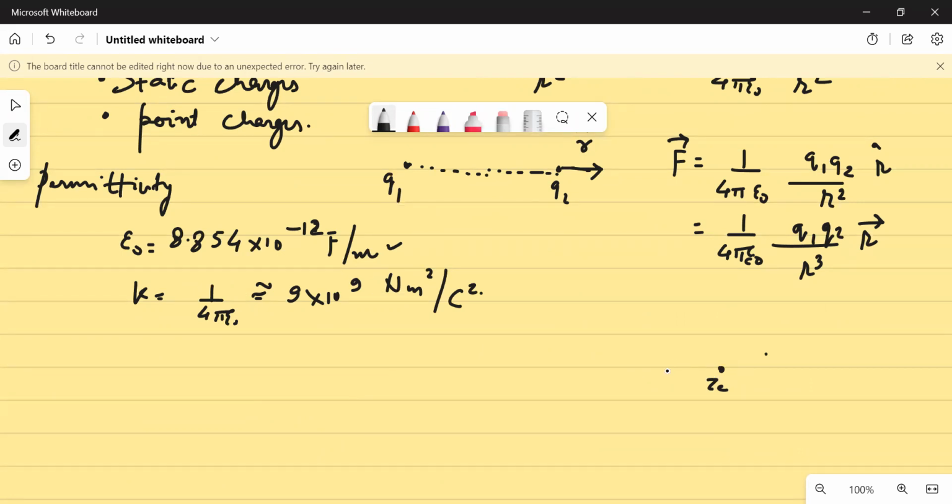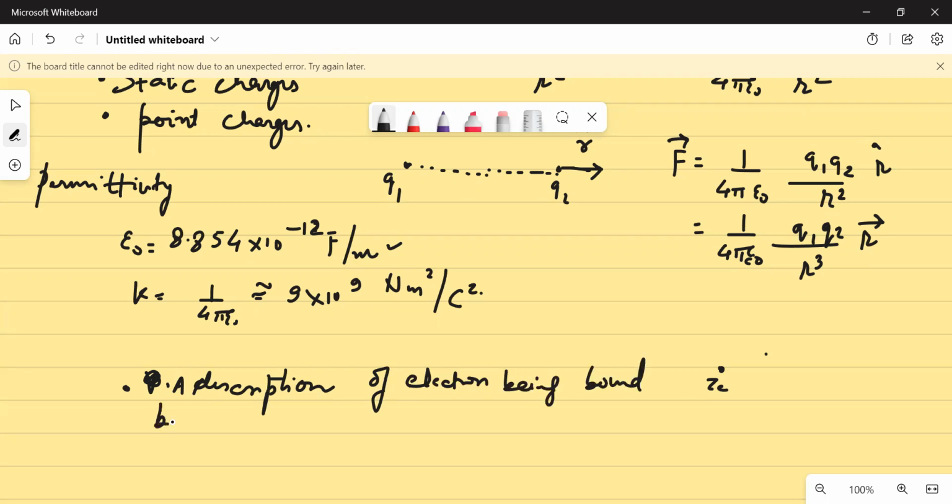So it not only extends to electrostatics, rather it extends to describing the nucleus binding the electron together, the electron being bound by the nucleus, or probably you can say what keeps atoms and molecules together in a fluid, and so on and so forth.